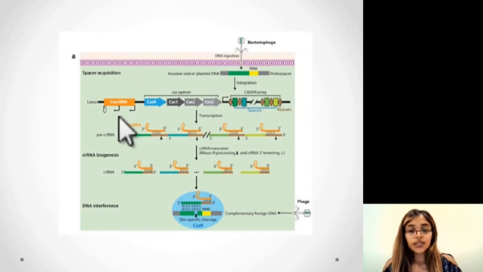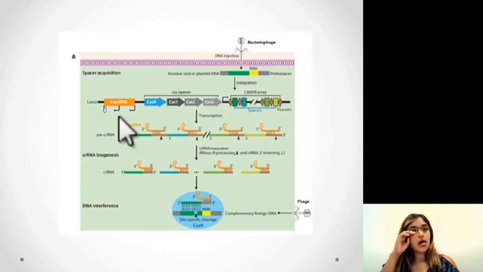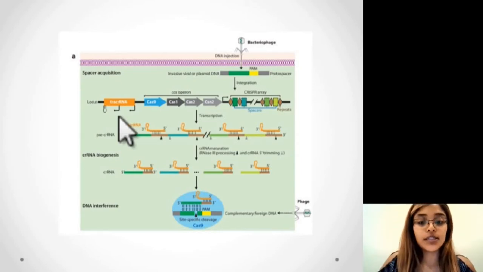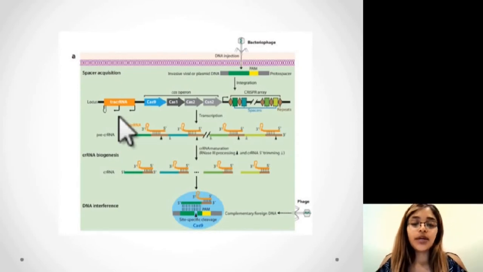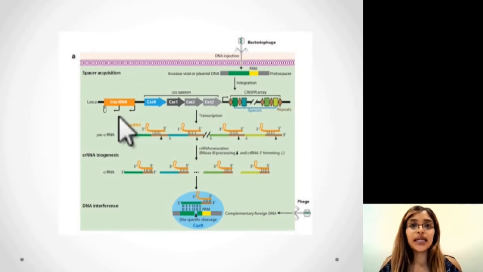So the way that this works is that if we have a bacteriophage or a virus that has infected the bacteria, usually what would happen is that the virus would replicate in the bacteria, and then eventually the bacteria cell would die.